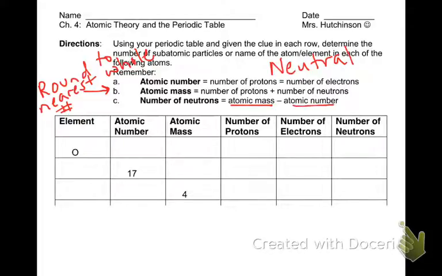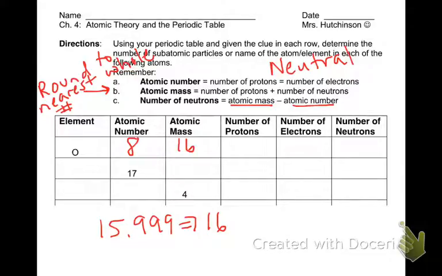So, let's take a look at this particular example. If we take a look at oxygen on our periodic table, oxygen's atomic number is 8. If we take a look at the atomic mass, it's 15.9999999. It's going to round to 16, so our atomic mass winds up being 16.